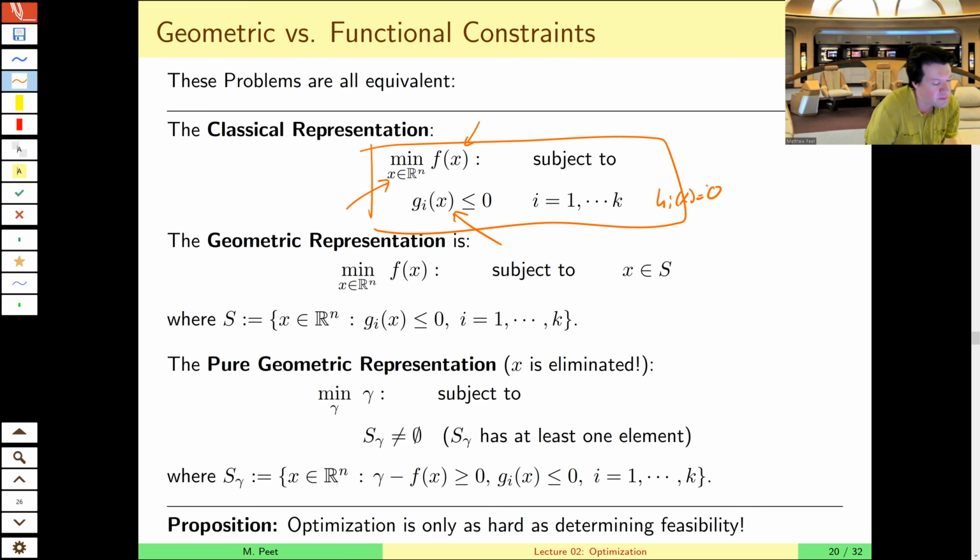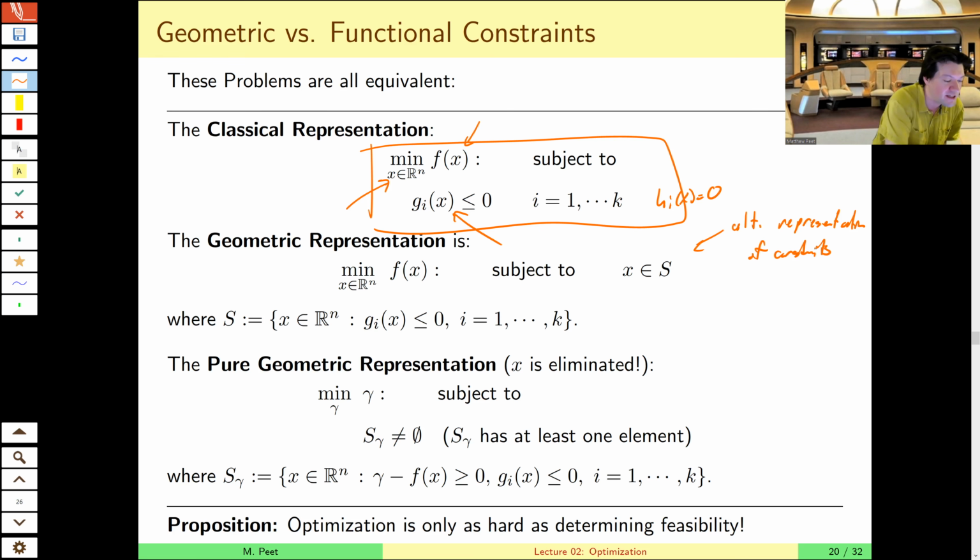So we talked a little bit about one part, which is that there can be equivalent representations of the constraints. Any alternative representation of the constraints is an equivalent optimization problem.